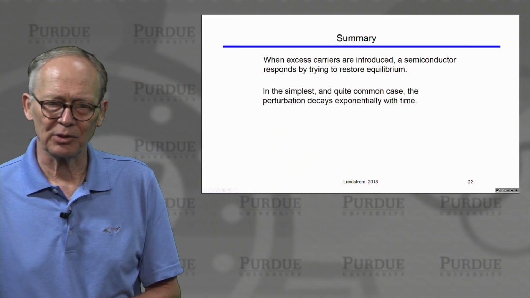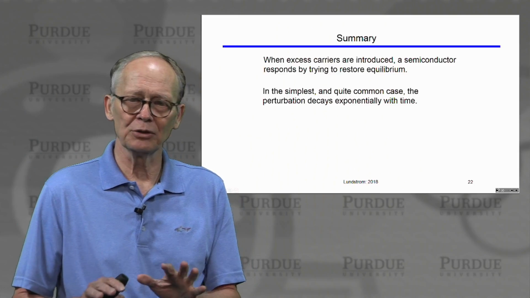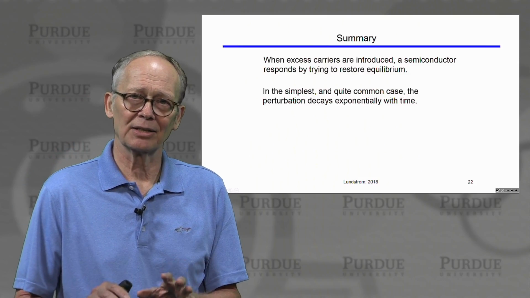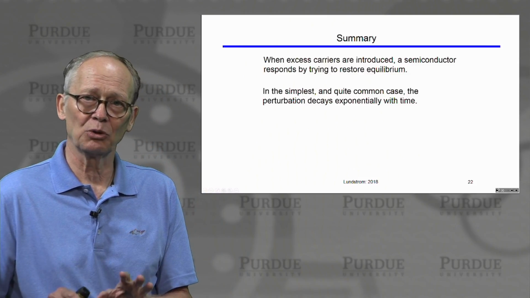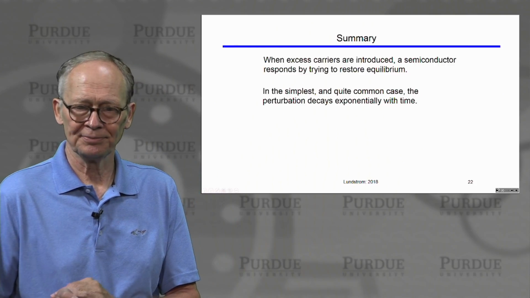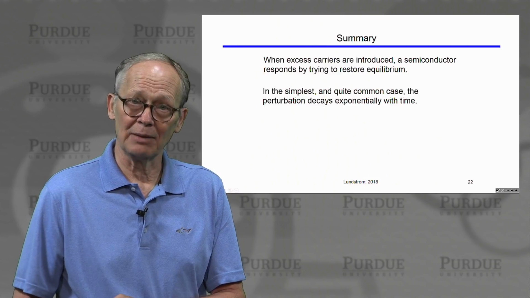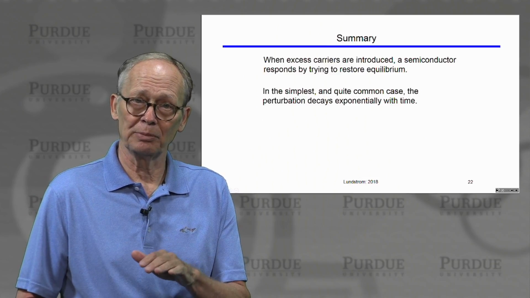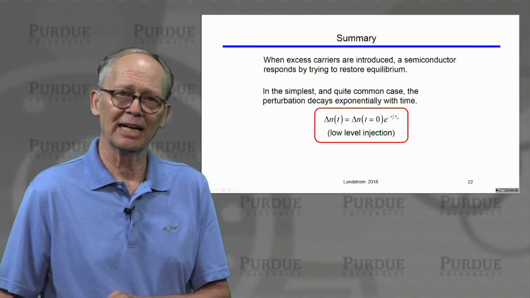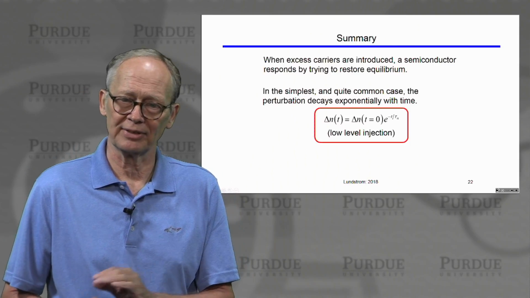Okay, so just to summarize, when we introduce excess carriers into a semiconductor, the semiconductor responds by trying to restore equilibrium. It means removing those excess carriers. The simplest and most common case is when the perturbation decays exponentially in time with a characteristic time we call the minority carrier lifetime.